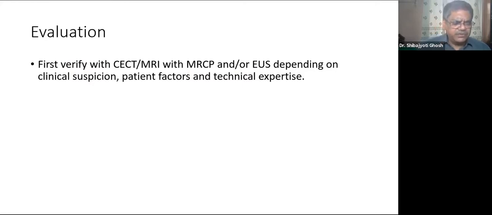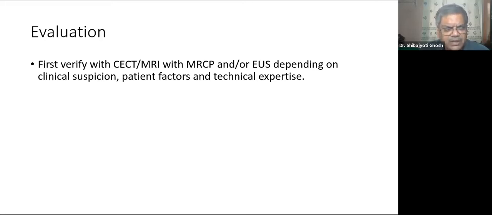Now, what to do if you see a patient with a dilated common bile duct, or you can say an asymptomatically dilated common bile duct. First, from clinical history and examination, we have to assess whether this is a benign biliary obstruction or a malignant biliary obstruction.